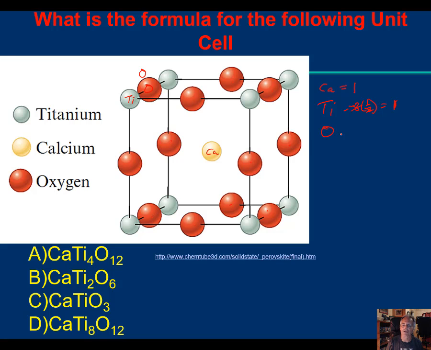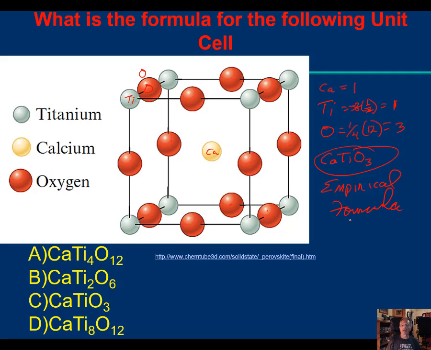That's oxygen, which is really not that big of a surprise. And each one of these is contributing 1/4. So you have 1/4 times 12, which is equal to 3 oxygens. So our formula would be calcium, titanium, and you've got 3 oxygens here. So this would be our empirical formula for this compound.